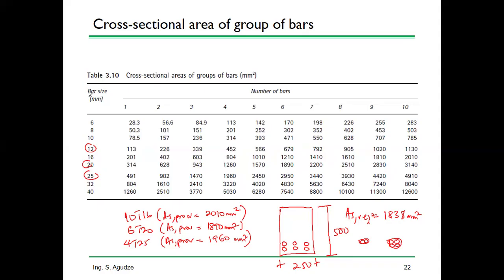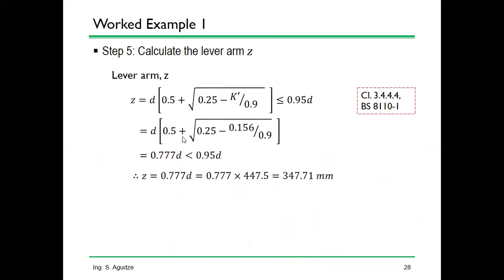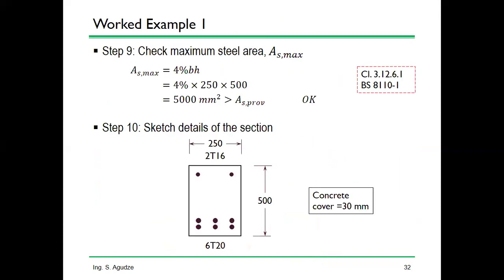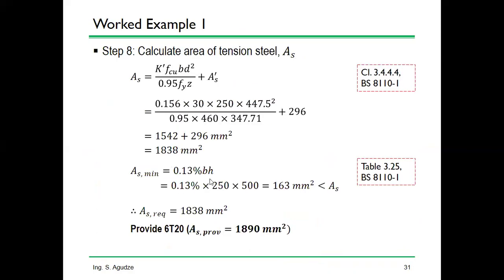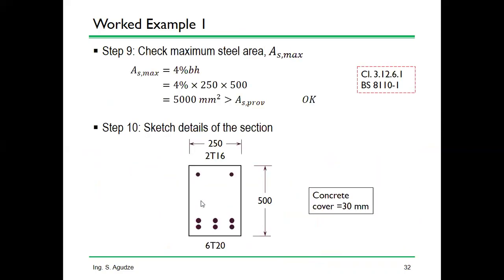Good. So in this particular problem, I adopted 6T20 and the AS provided is 1890 mm². And this 1890, the sketch details of the section.